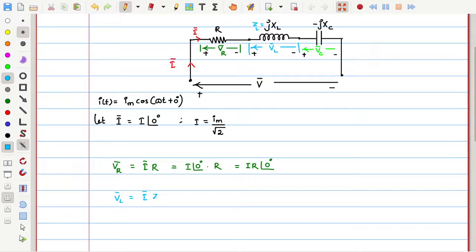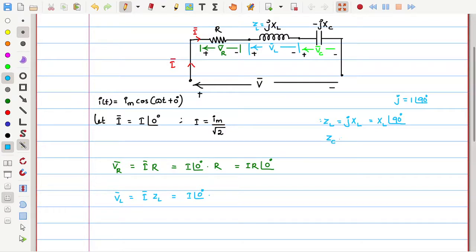So VL is I into ZL, which is I at an angle of 0 times ZL. We have seen that ZL can be written in rectangular form as jXL, or in polar form simply XL at an angle of 90 degrees. We saw that j is equivalent to 1 at an angle 90, so you can replace j by an angle of 90 simply.